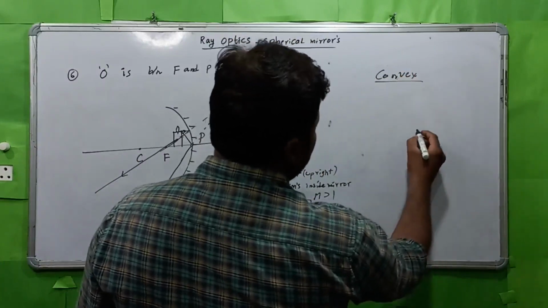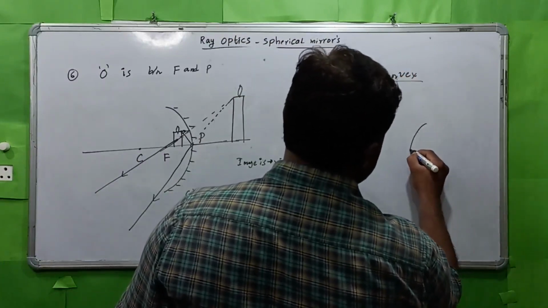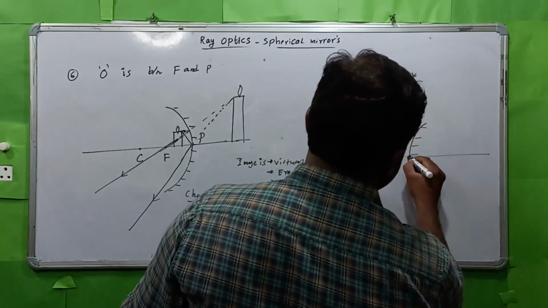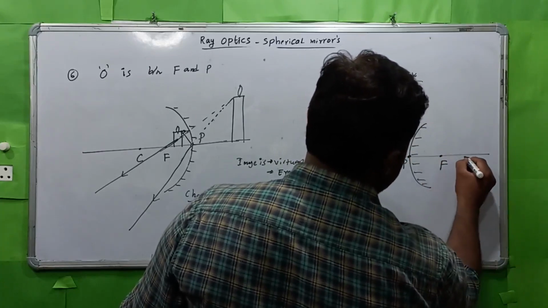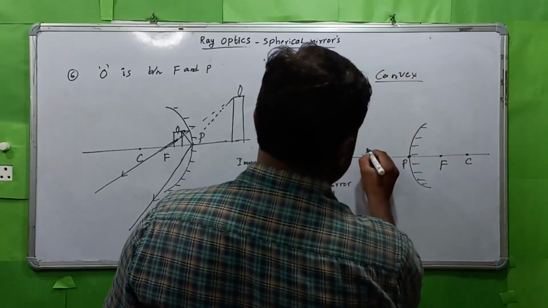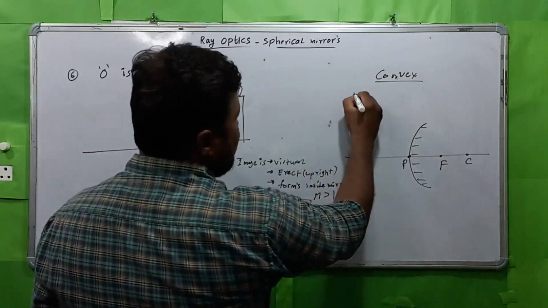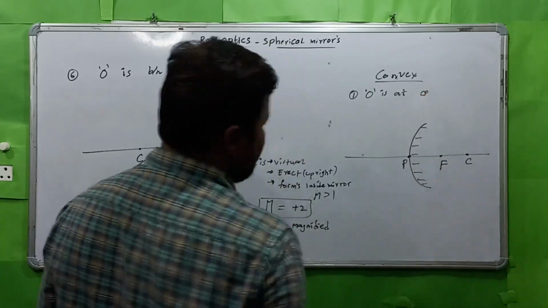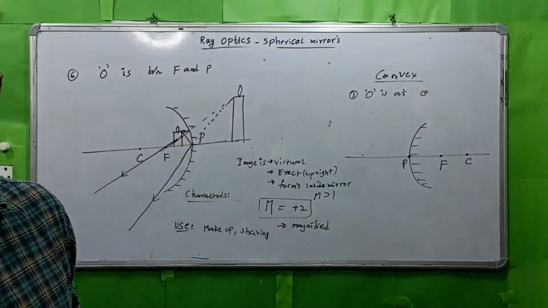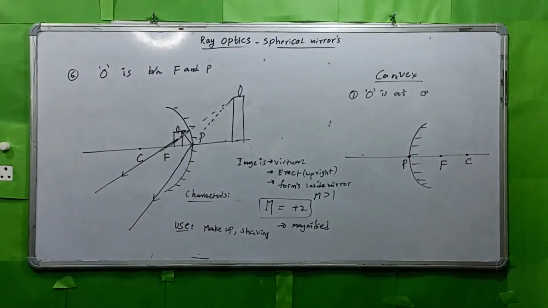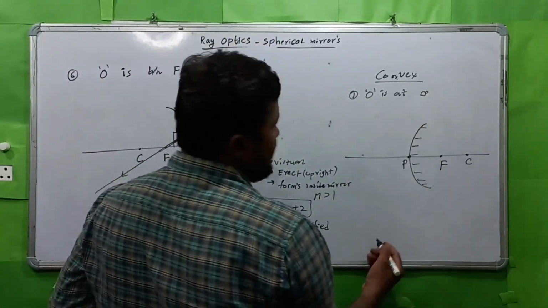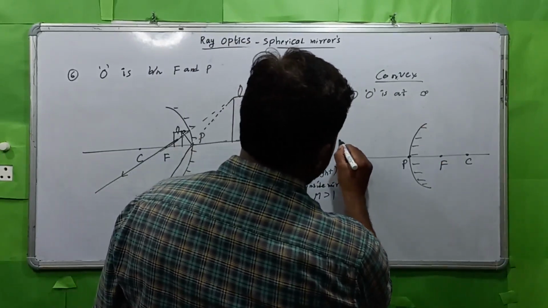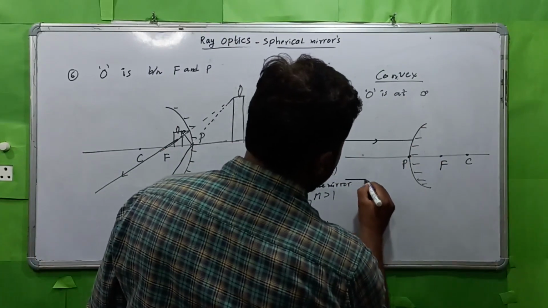We can draw only two diagrams in the case of a convex mirror. Suppose I take a convex mirror: pole, focus, center of curvature. If the object is at infinity, then rays are coming as a parallel beam of light, which indicates that the rays are coming from infinite distance.